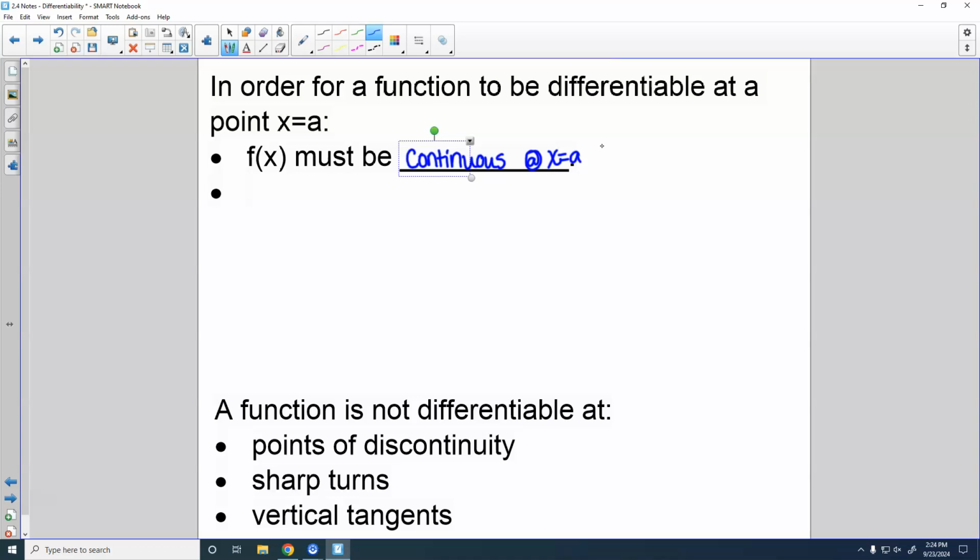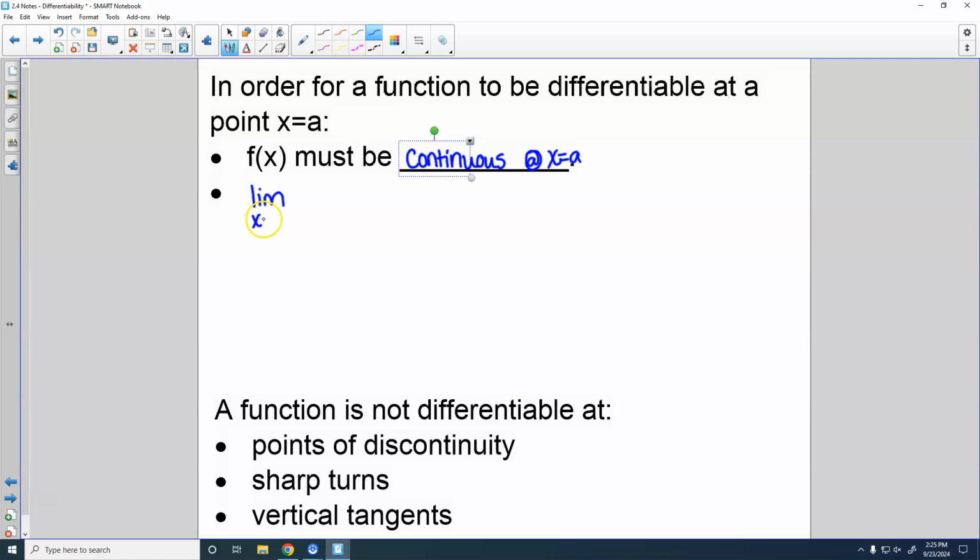To check for differentiability, your derivative on the left side has to equal your derivative on the right side. So I'm going to use the limit definition of a derivative.